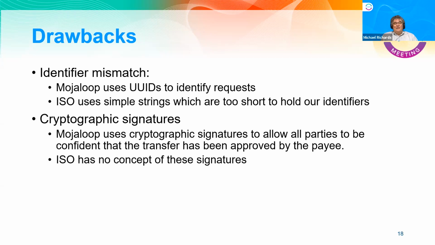Now, as you will doubtless know, we use cryptographic signatures to allow all parties to be confident that a transfer has in fact been approved by the payee and that the switch should record that it has completed successfully in its ledgers. Now, ISO has no concept of these signatures. It doesn't have anything like that.